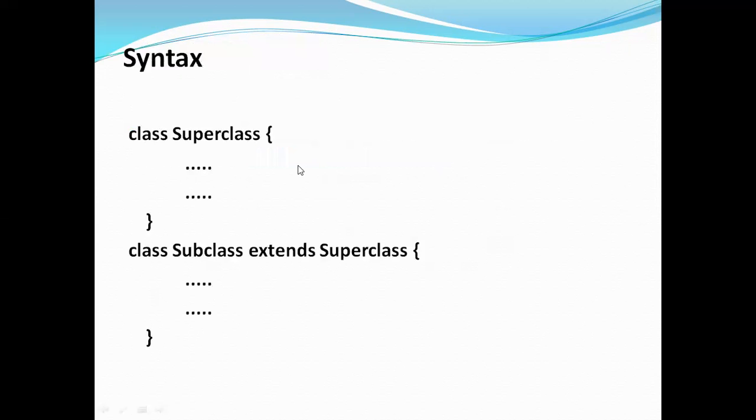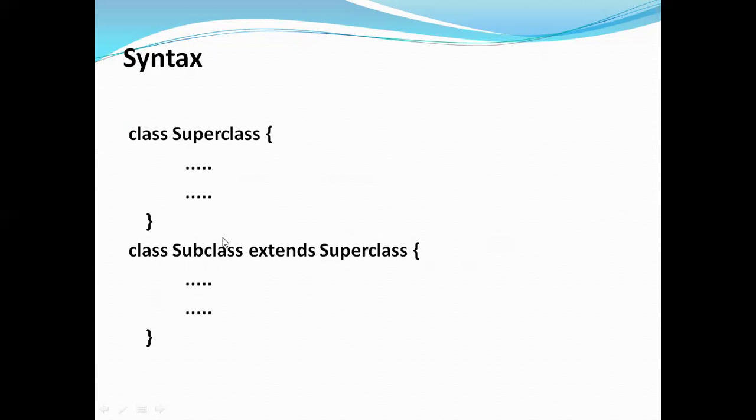Now let's see the syntax of this inheritance. Now we'll see a superclass here. So this is the first class we have. This superclass will have some data members and some methods inside it. Now there will be a subclass which wants to use these methods or data members of the superclass. In that case, there should be some relation between this subclass and superclass.